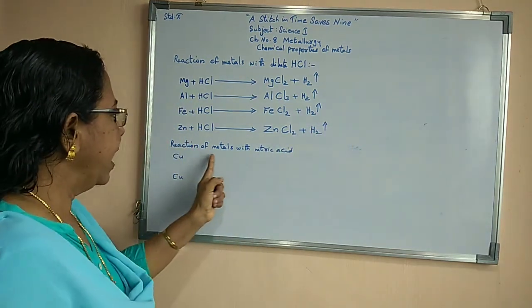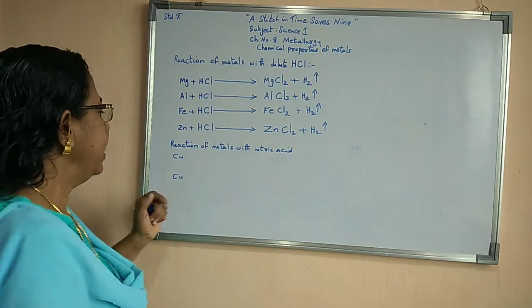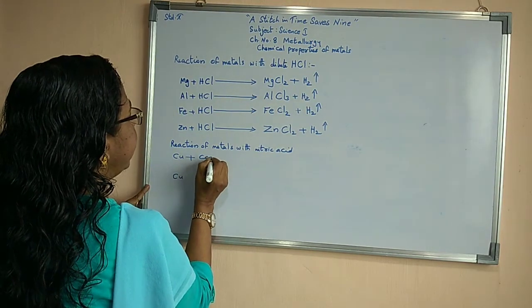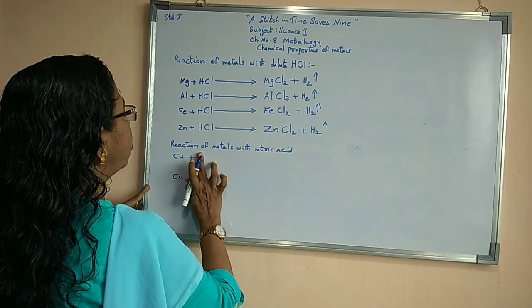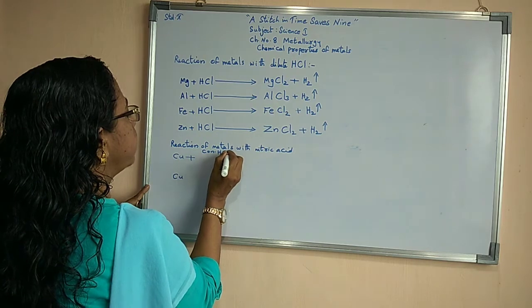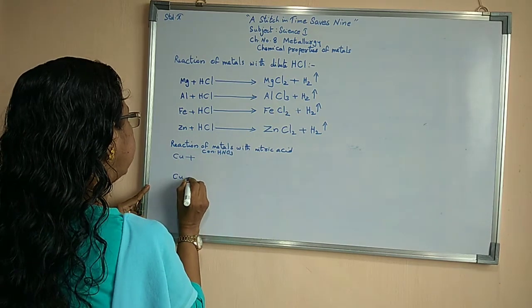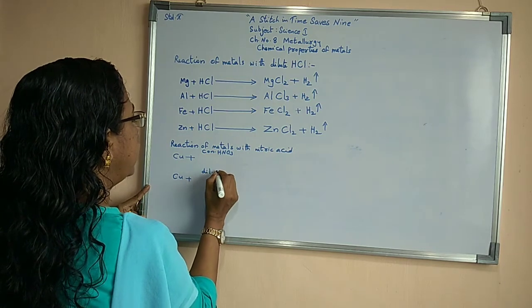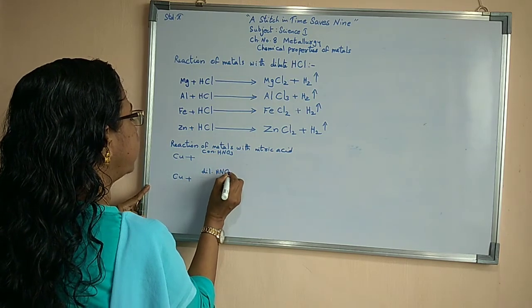Now here reaction of metals with the nitric acid. Here copper reacts with, in the first case, concentrated nitric acid HNO3. Second case, copper reacts with dilute nitric acid HNO3.